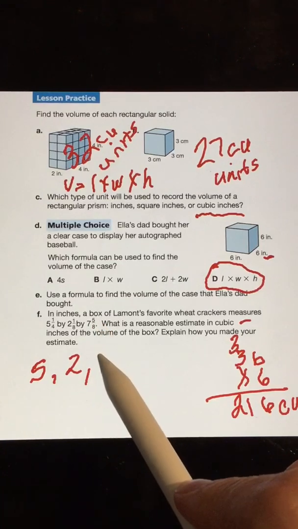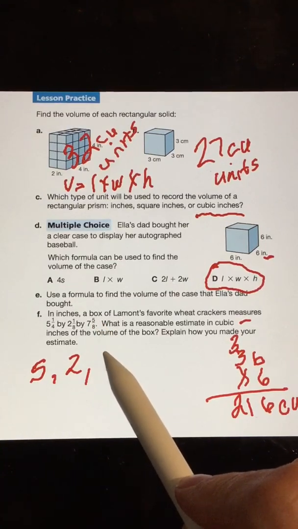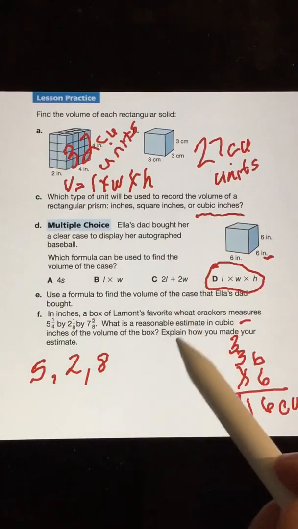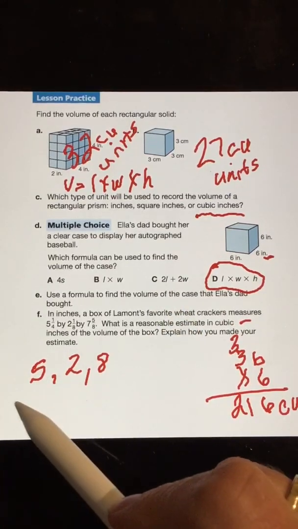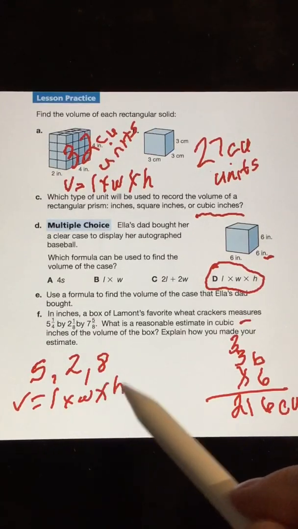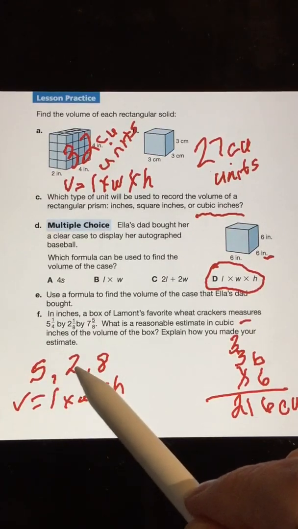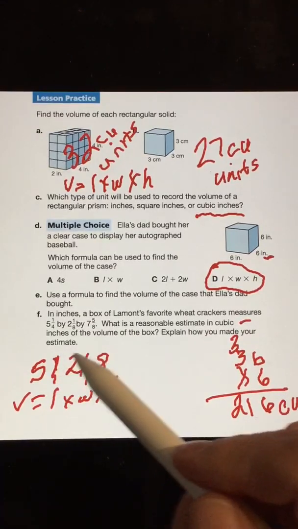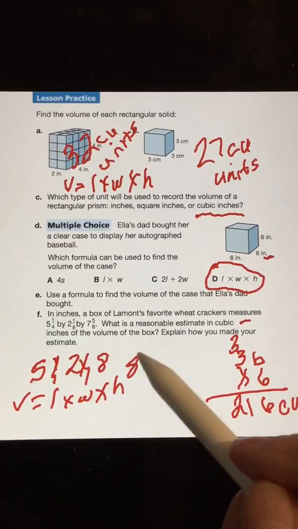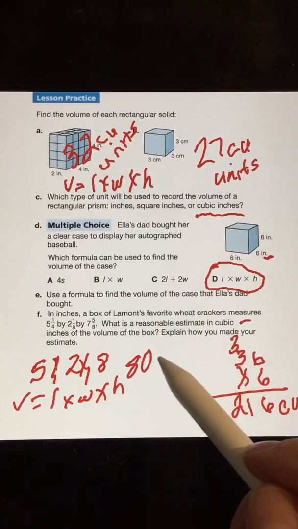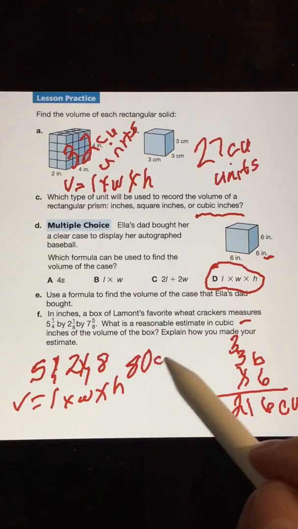And 7 5/8 will become 8. All right, now we need to find the volume of this box. Well, volume equals length times width times height. So 5 times 2 is 10. 10 times 8 is 80. It is 80 cubic inches.